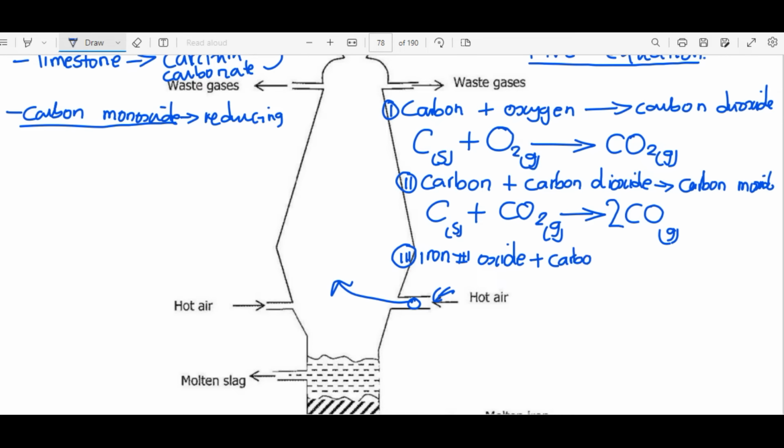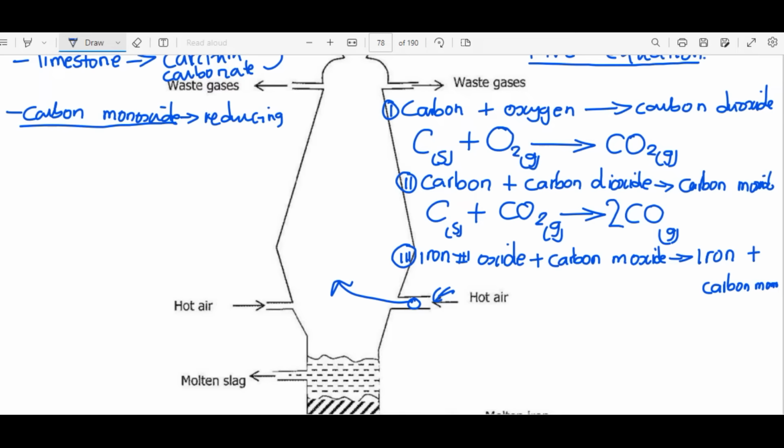So the carbon monoxide will reduce the iron 3 oxide to iron. To reduce it means it is going to take the oxide which is here, so it has to remove that. So after it is reduced, we are going to form the iron. So here we have the iron plus the carbon monoxide.